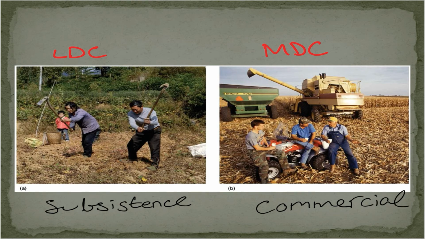So in commercial agriculture, notice how it's mostly men dealing with their agribusiness, using tractors, machinery, all of that, and large plots of land. Whereas in LDCs, subsistence agriculture, we usually deal with the entire family. As you can see, mother, father, the two parents and their children, or well, child individually in this case, and then it shows that all of the family is helping out on a smaller plot of land. So we have that more limited and intensive use of farmland.